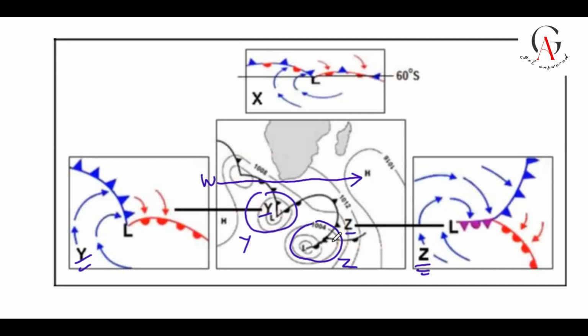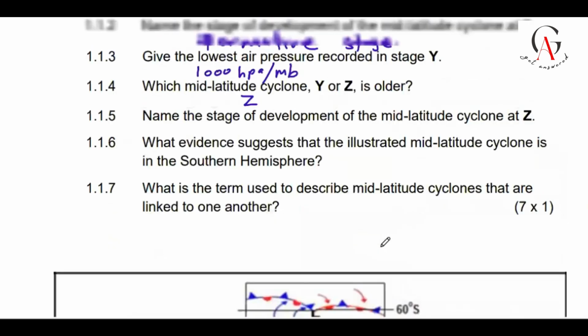So, always the one which reaches the east first is the oldest mid-latitude cyclone. That is why for this case, we are going to say that Z is the oldest because it is already in the eastern direction. All right.